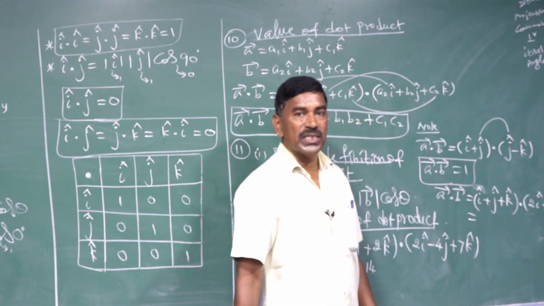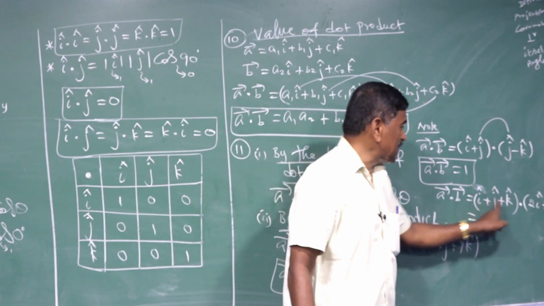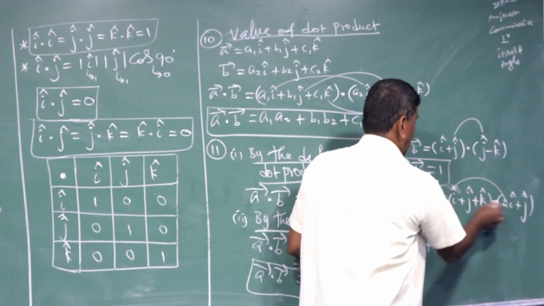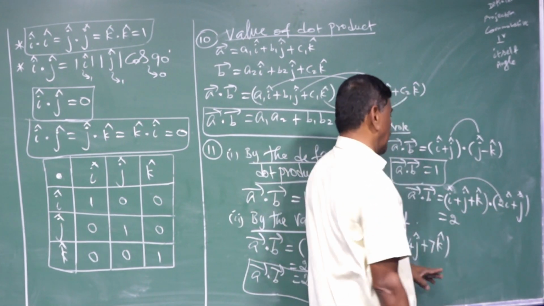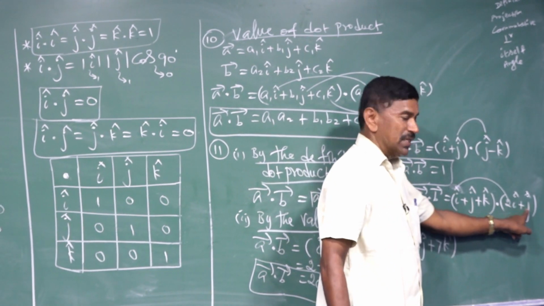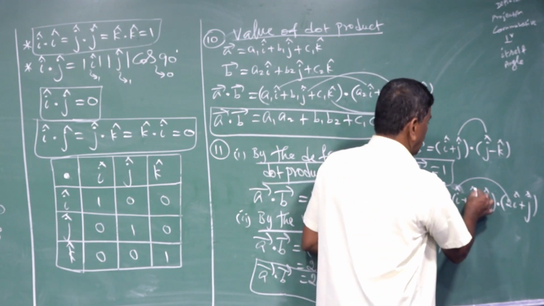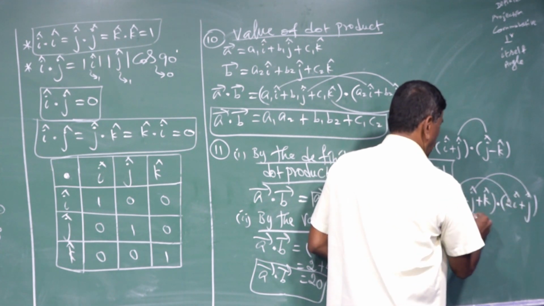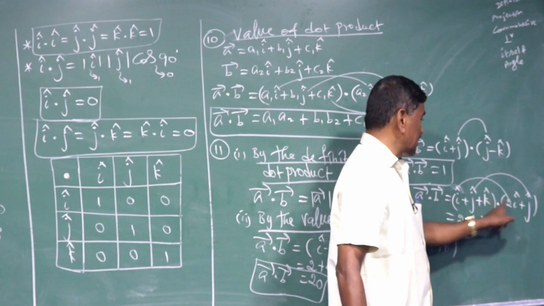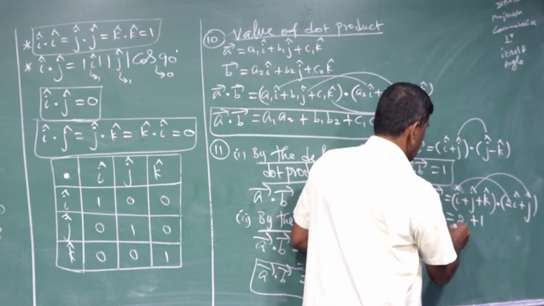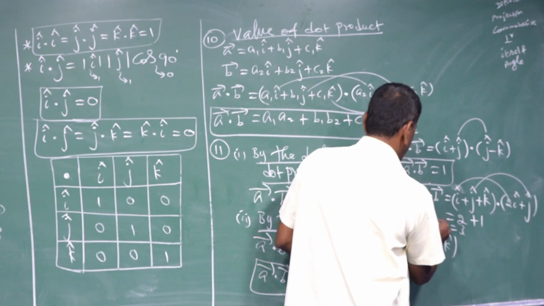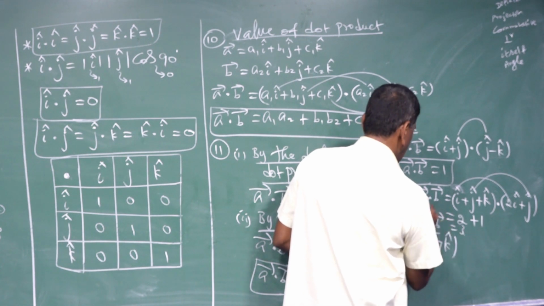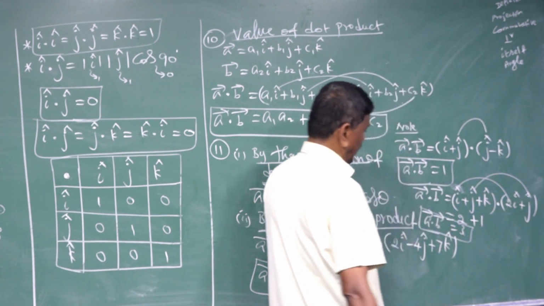Now, start yourself. i present, i to i possible, 1 times 2 is 2. Next, j present, j to j possible, coefficient 1 into 1 is 1. Next, k present, k absent, so no need to multiply. So the answer is 3, which is A vector dot B vector equal to 3.